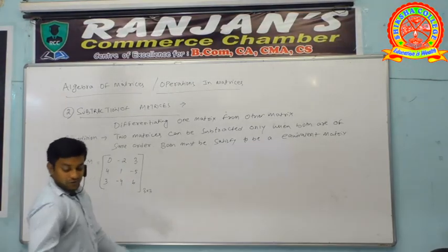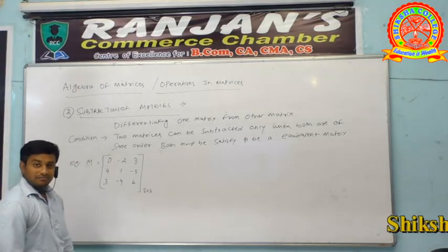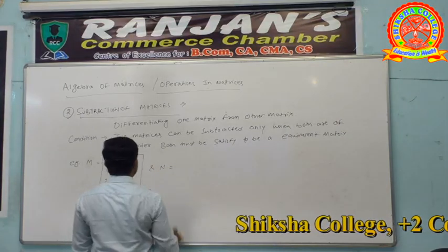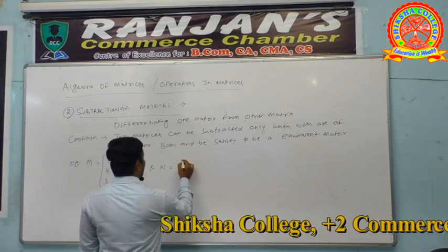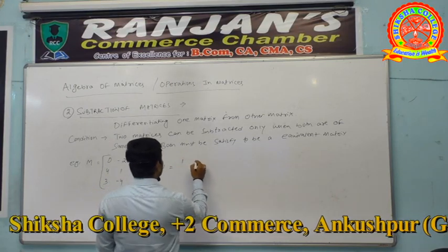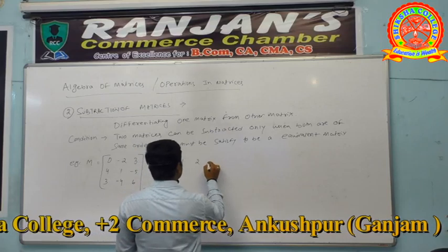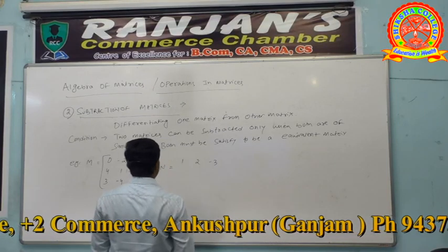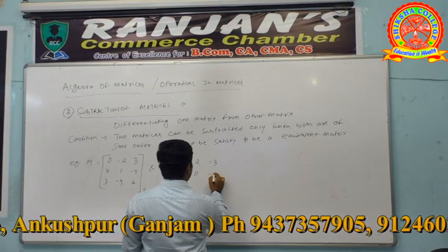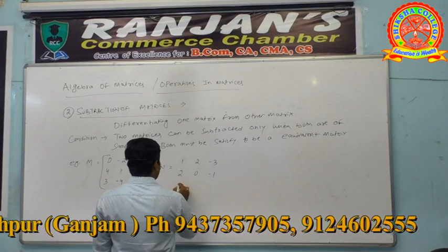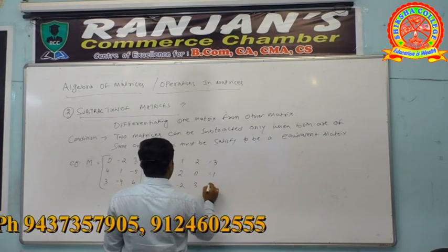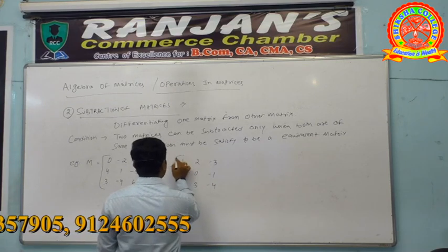So that is one matrix and the other is given, N equals 1, 2, 1; 2, minus 3, 2; 0, minus 1, and minus 2; 3, minus 4.